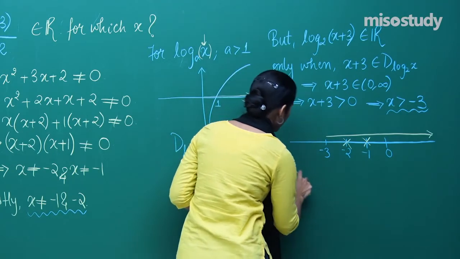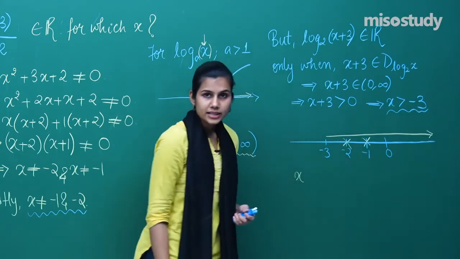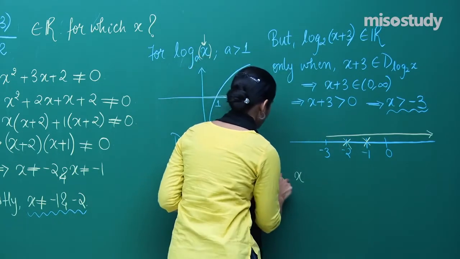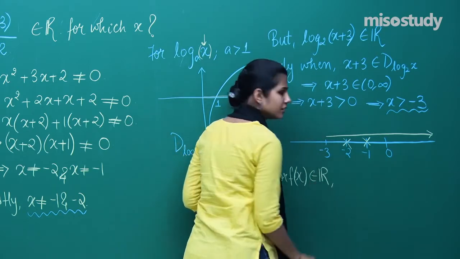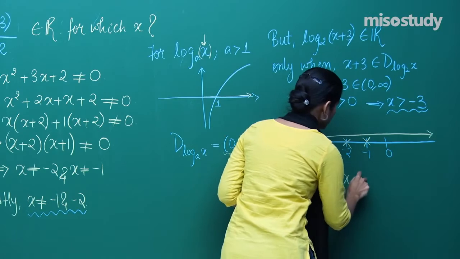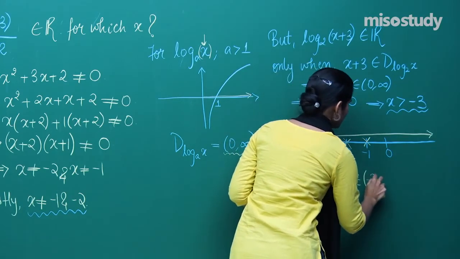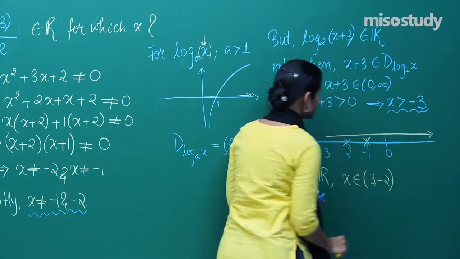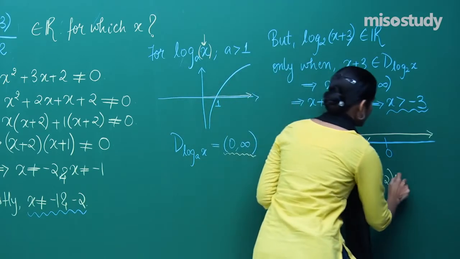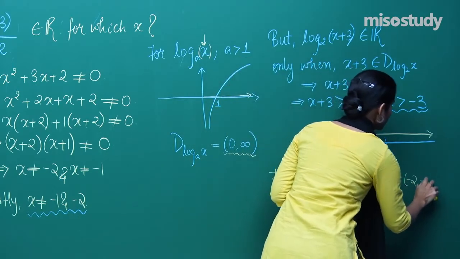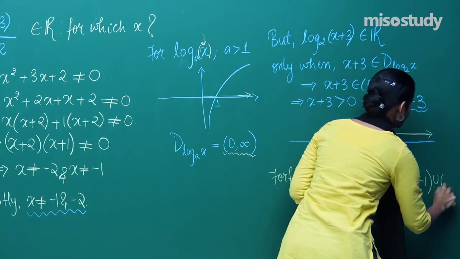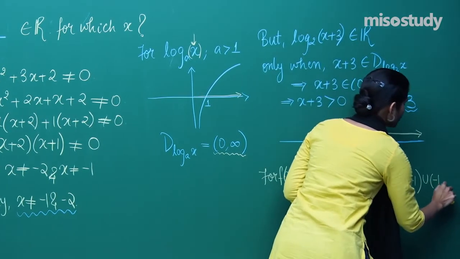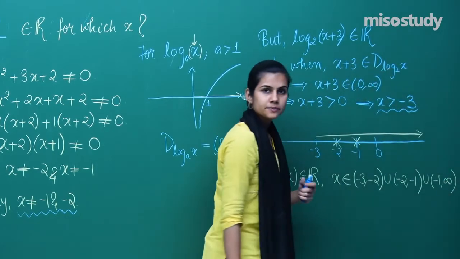That means I want that for f(x) to belong to R, my x should come from (minus 3, minus 2) open, union (minus 2, minus 1) open, union (minus 1, infinity).